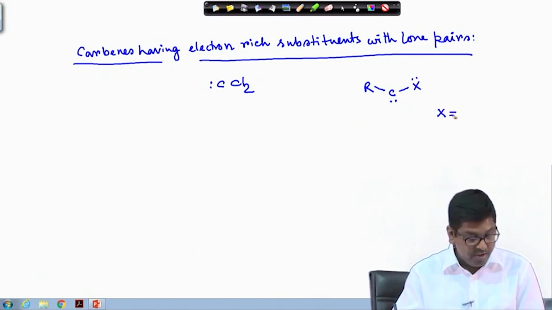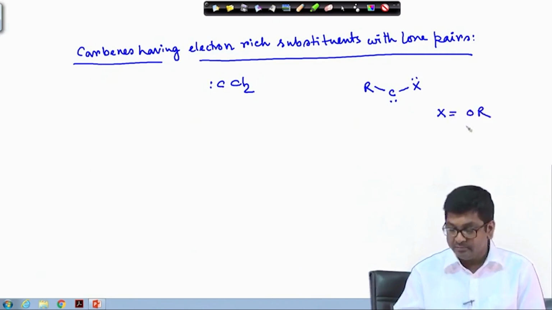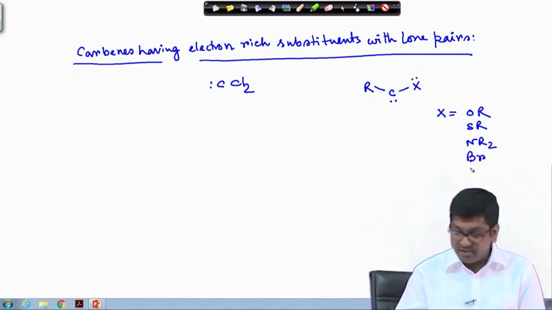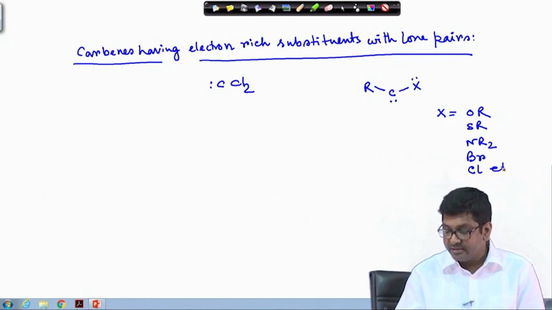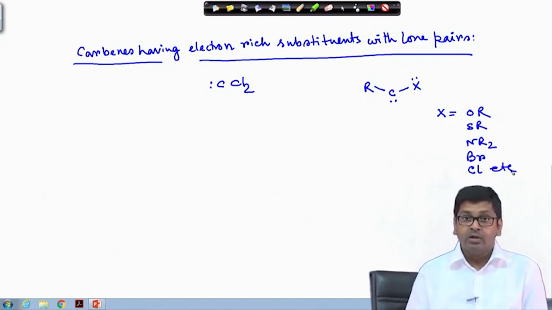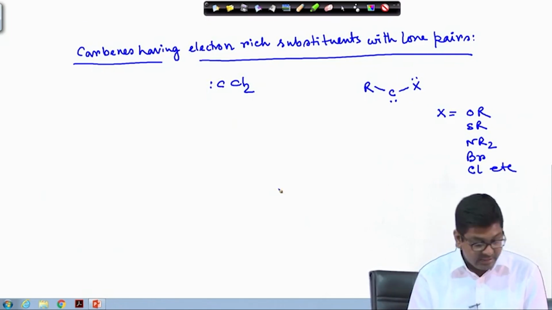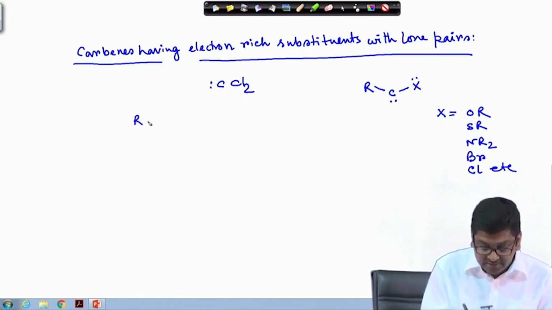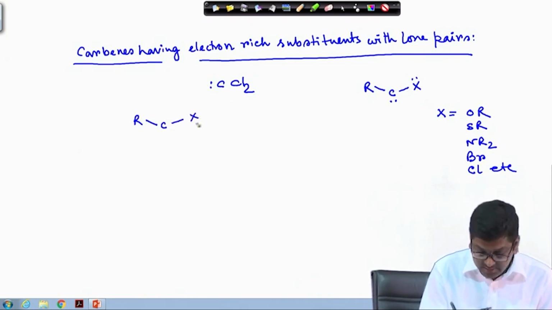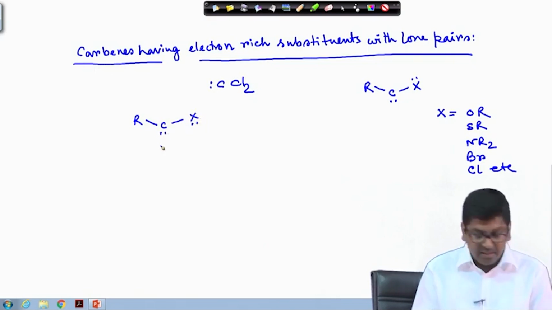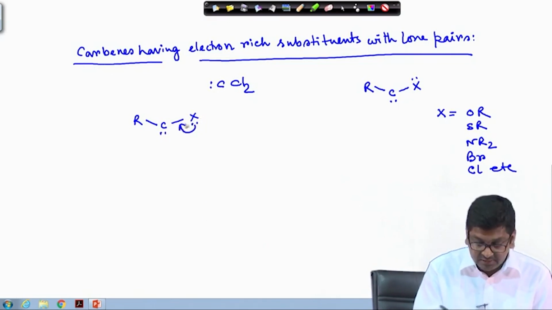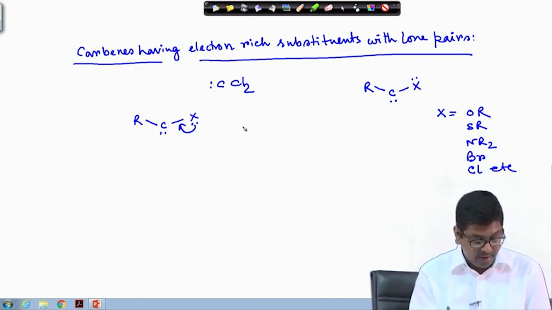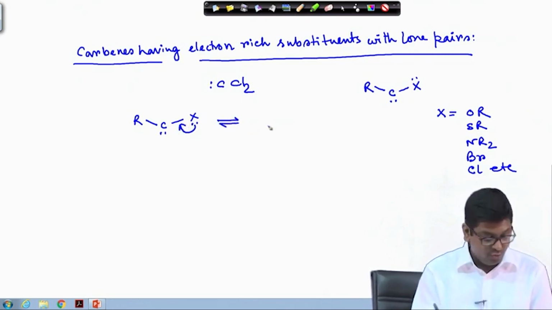This X could be OR, SR, NR2, Br, Cl, etc. So, now we have all those things. If this is the case, then these carbenes can be stabilized by the adjacent lone pair.